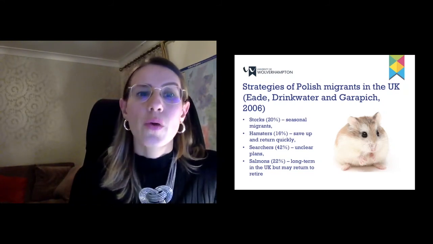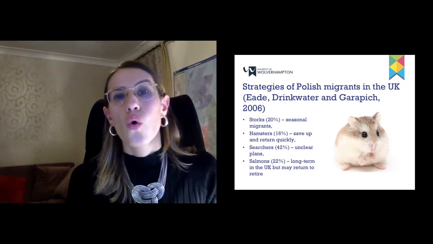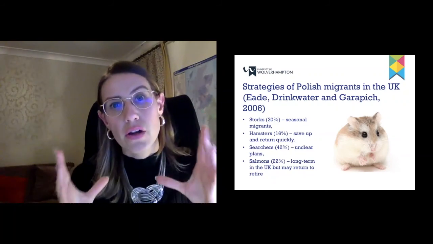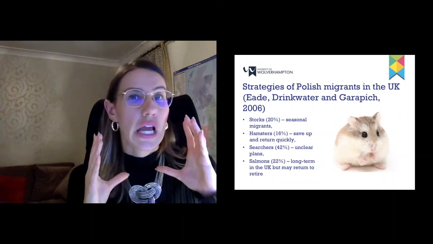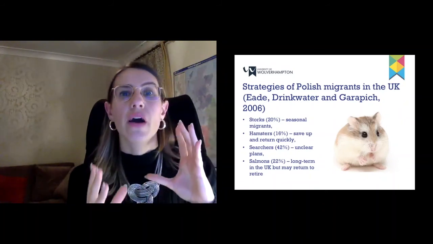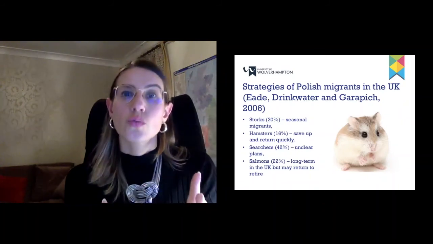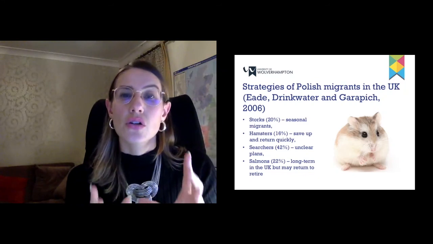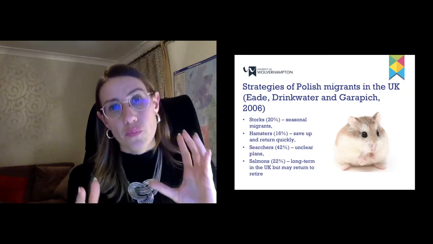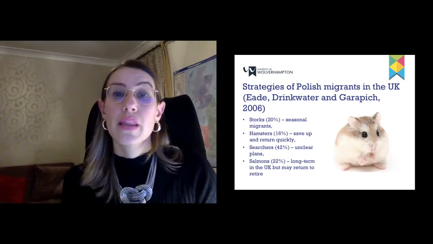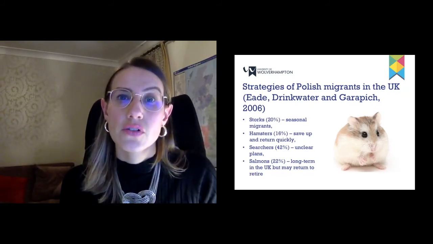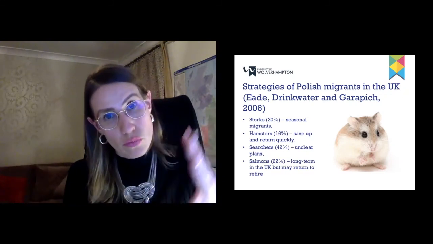The second group are hamsters, who come here with a very well-defined plan of earning enough money for whatever purpose they have in mind, not consuming much when in Britain, but saving money and returning quickly to their place of origin, or at least the country of origin if they decide to change place.